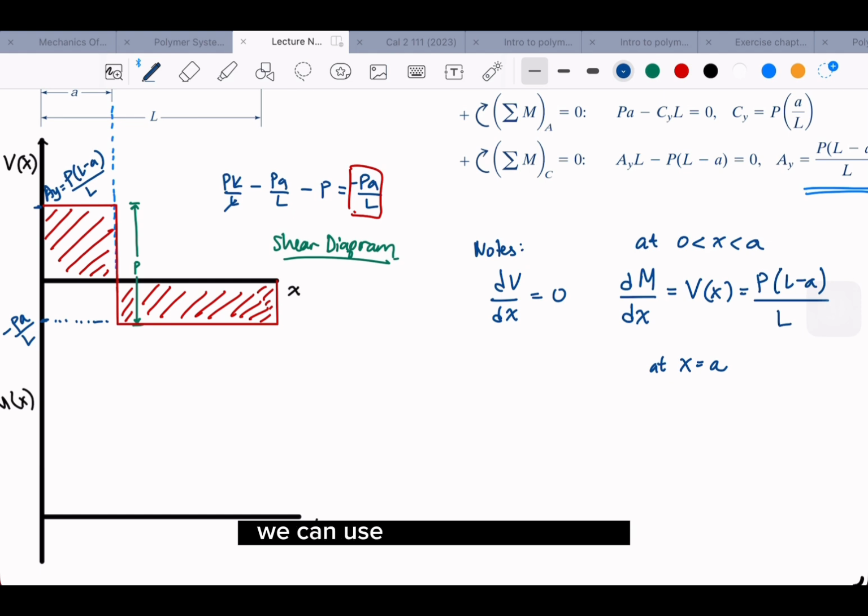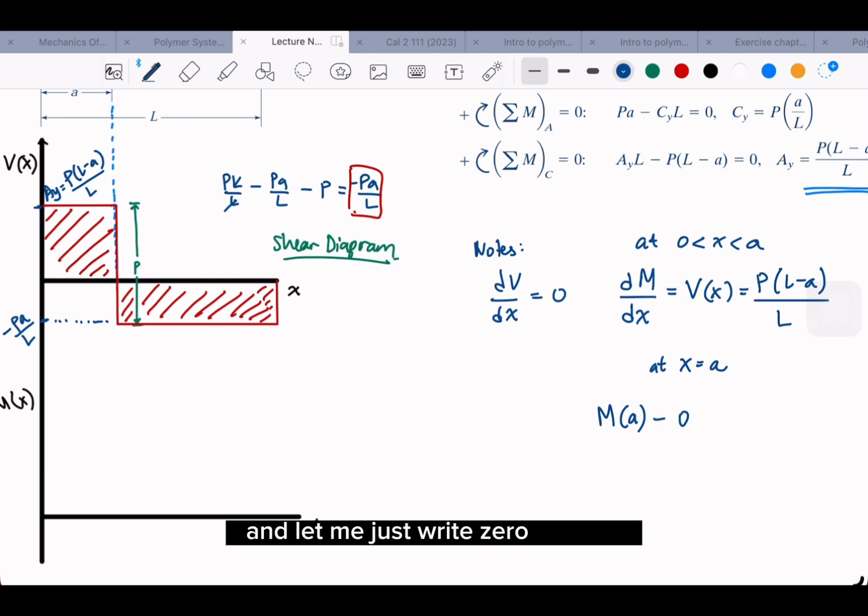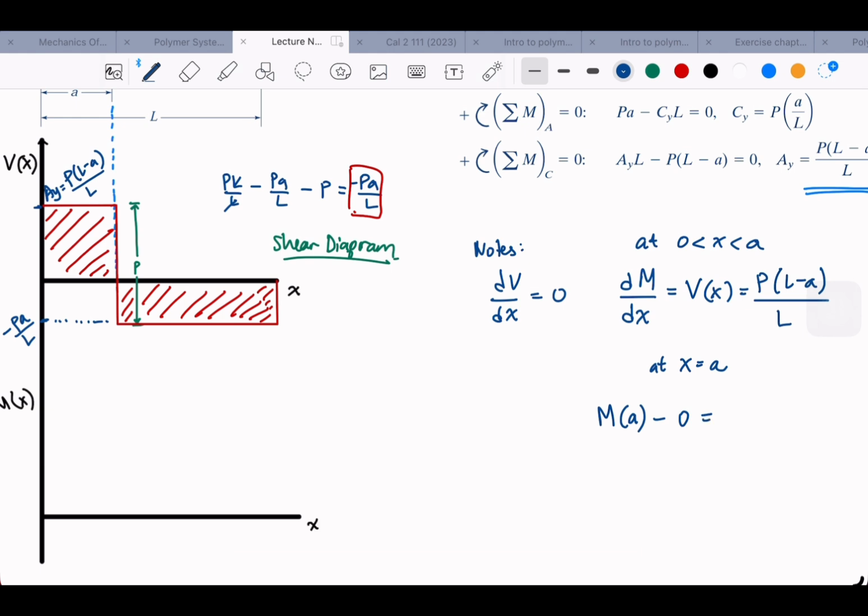we can use calculus techniques, just regular integrals and derivatives. So M(A) minus M(0), okay, let me just write 0, is equal to the integration from 0 to A of V(x) dx.